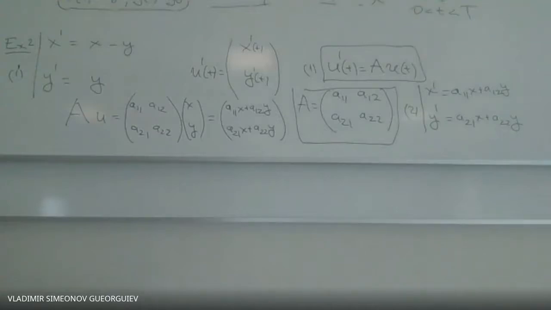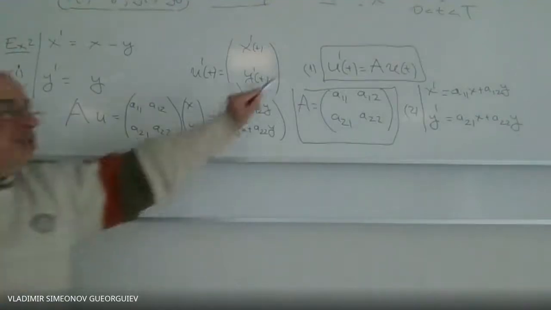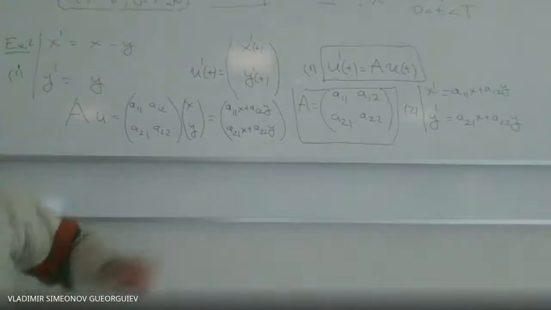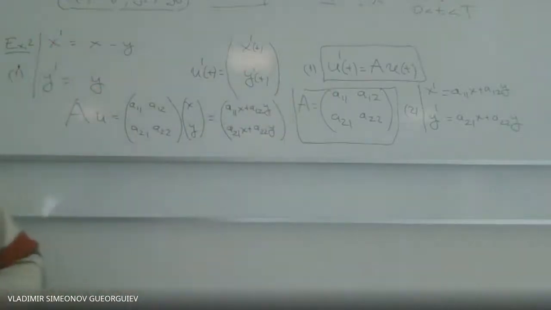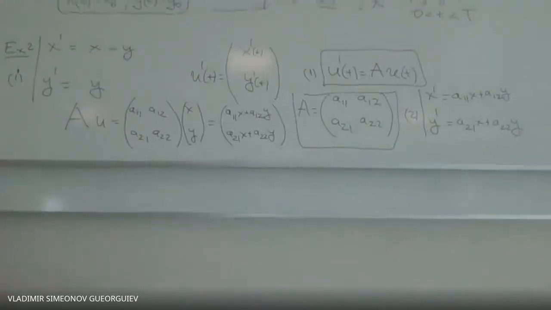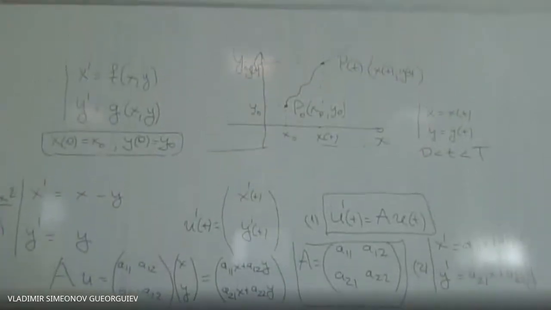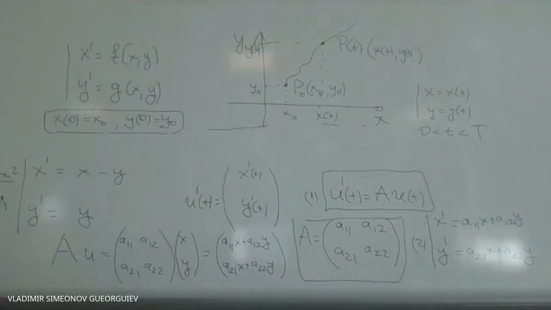Okay, now I want to see how I can transform my example 2 into a very compact system, and how we can define our matrix A. So I shall shift the blackboard if you finish, and use this part.